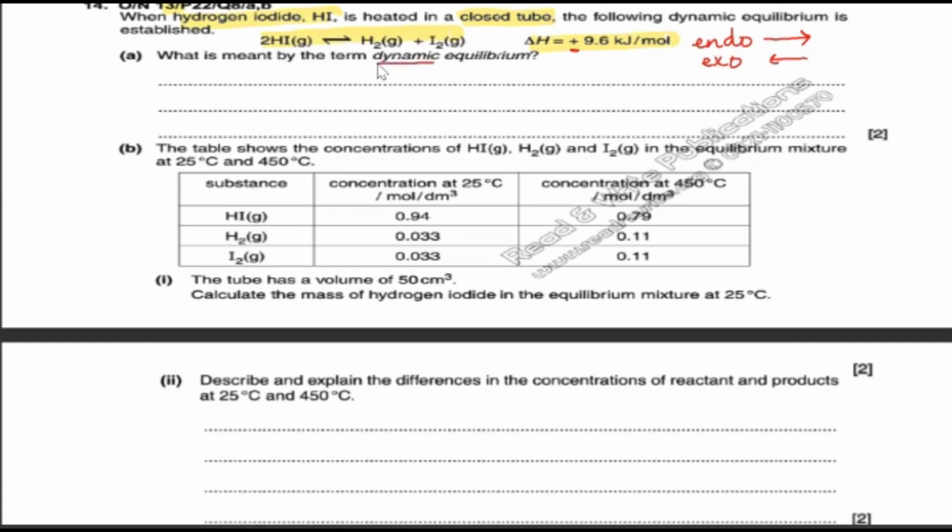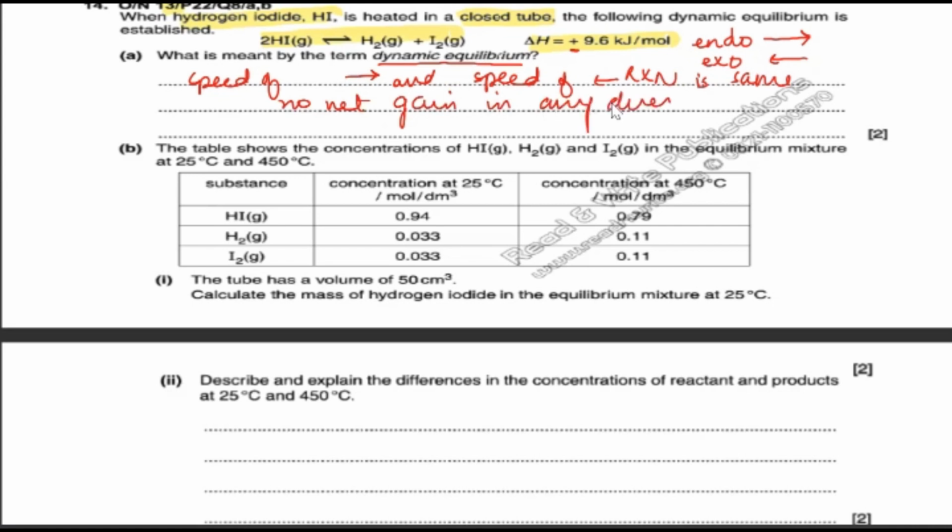What is dynamic equilibrium? It's a 2 mark question, so we'll write down that the speed of the forward and the speed of the backward reaction is the same. So there is no net gain in any direction.